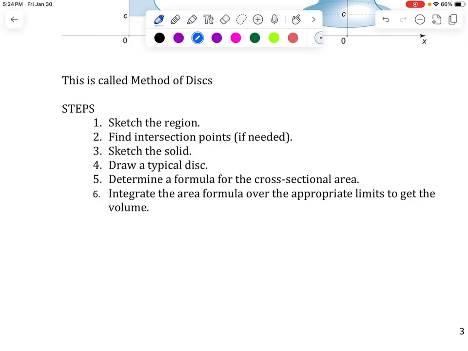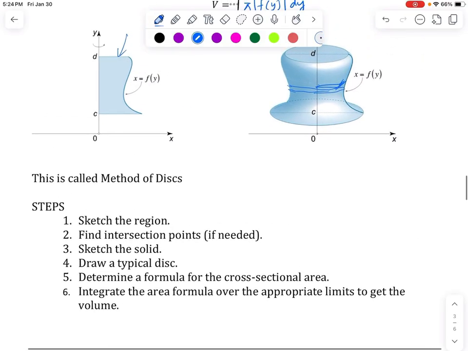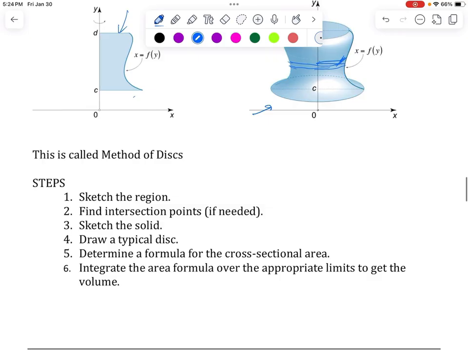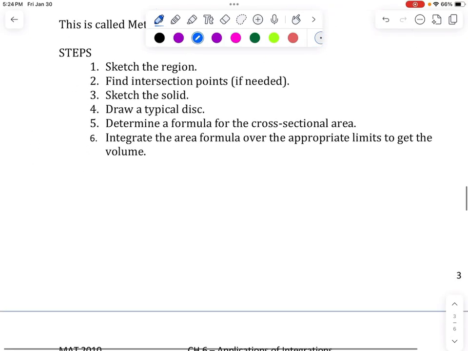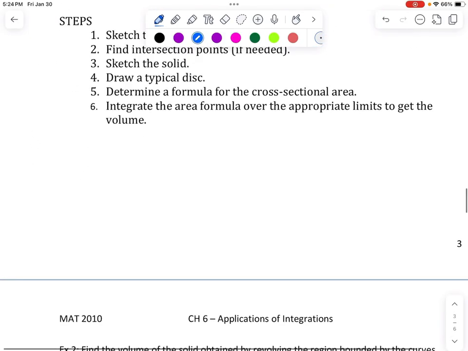The next is sketch the solid, meaning what you saw here. This is the region, this is the solid. Then draw a typical disc in the solid, and determine a formula for the cross-sectional area.